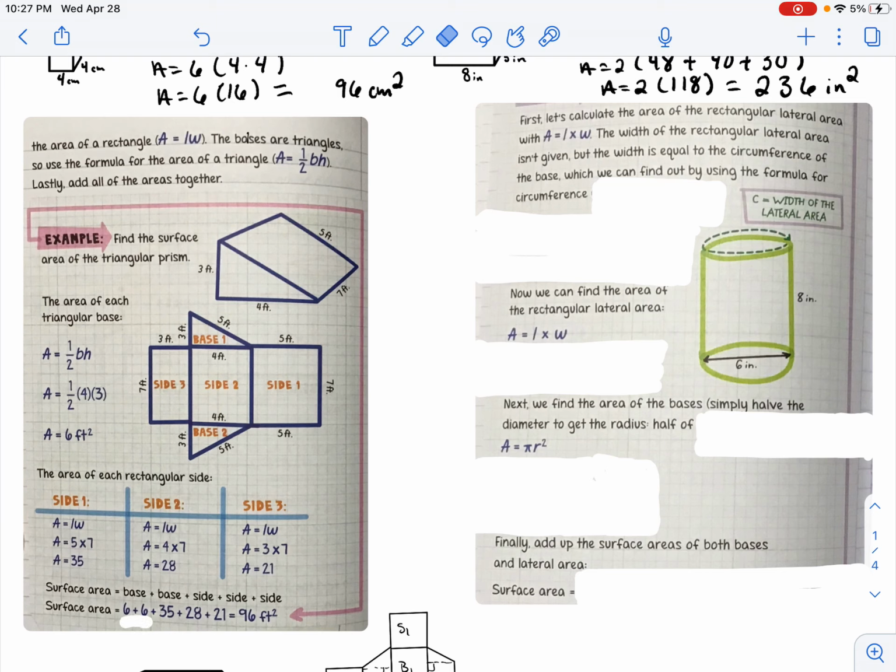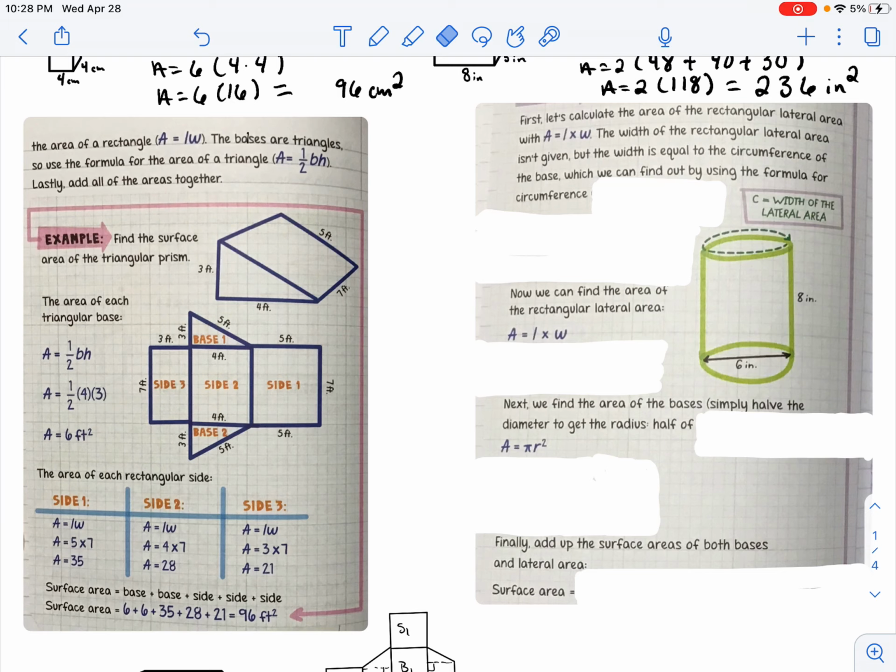So our 2 triangles right here, side 1, side 2, and side 3. And when we add them all up, we get 96 feet squared. So those are triangular prisms. Okay, so once again, find the surface area of each one of the shapes in the net and then add them all together.